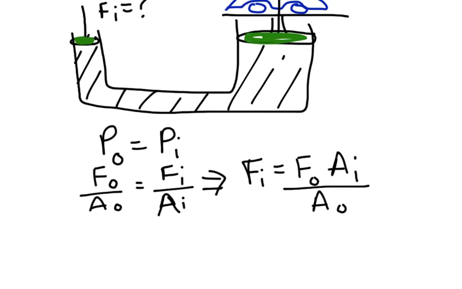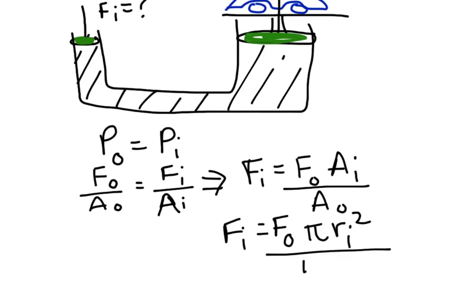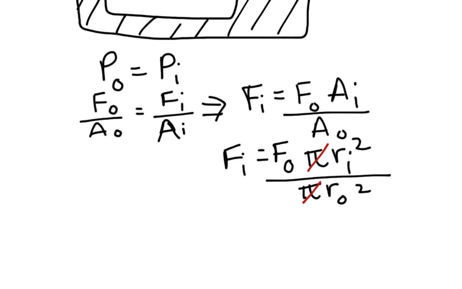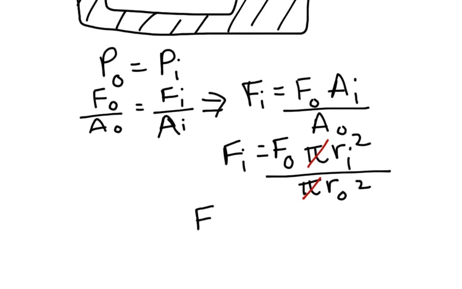So let's write this out again. This will be force out. The area in is just pi r, the radius in squared, over the area out, or pi r, the radius out squared. If you look closely here, you can see that the pi's cancel, and so I'm left with the expression that the force in is equal to the force out multiplied by r sub I squared over r sub O squared.